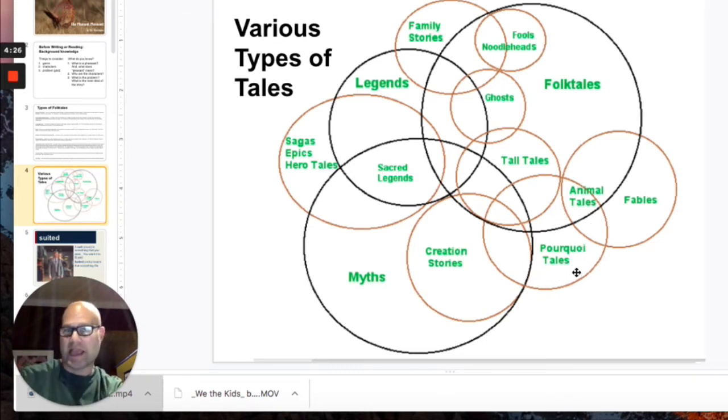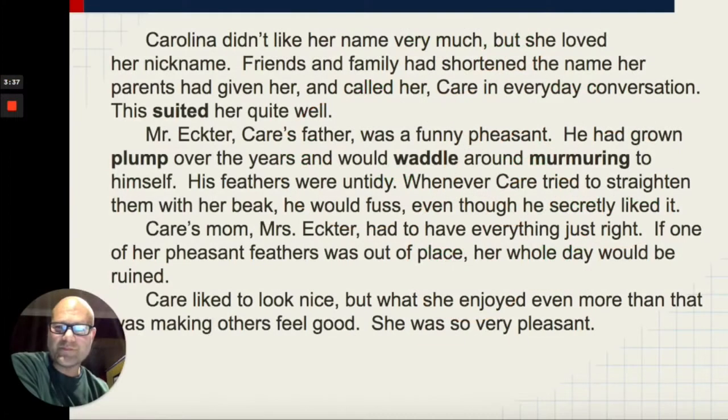But it doesn't have to include elements from either of those. It can stand completely on its own. It often has animals that it uses. It can be a tall tale, like an exaggerated story. It can also, in its definition, be a creation myth in that it explains where something came from.